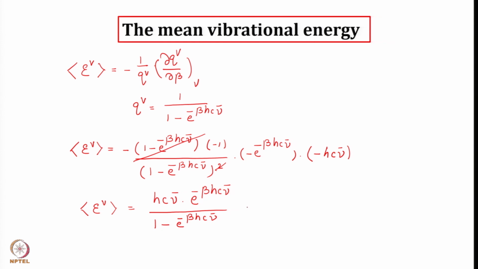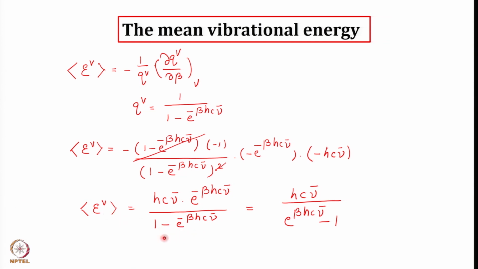I can further simplify it. I can multiply the numerator and denominator with exponential beta hc nu bar. So in that case I will be left out with hc nu bar over exponential beta hc nu bar minus 1. This is the alternate form of what we derived here.